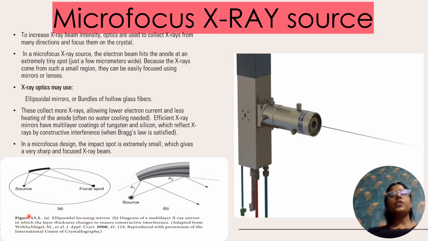This way, X-rays that would have been lost can be efficiently used, giving higher intensity without increasing power. This focusing system works only if X-rays originate from a tiny emission spot called a microfocus source. Why? Because if the X-rays come from a small point, all emitted rays can be geometrically focused on one target, and a large source would blur the focus and reduce resolution.